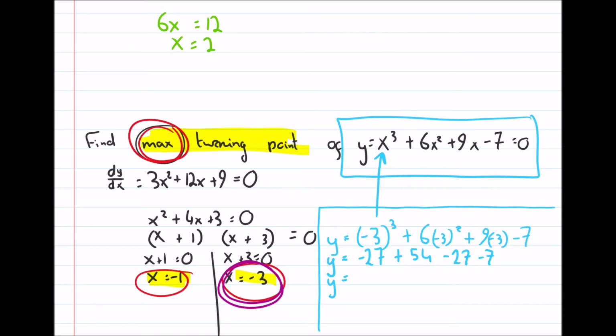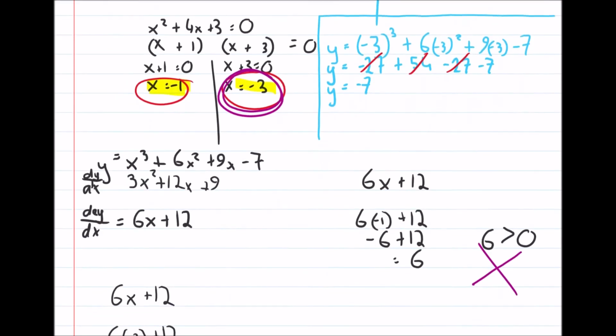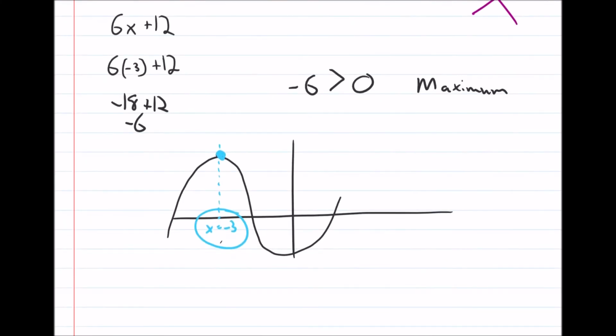Well, they'll cancel, the minus 27 and plus 27, so we'll be left with 54 minus 7. So y is 47. So the maximum point here is (minus 3, 47).